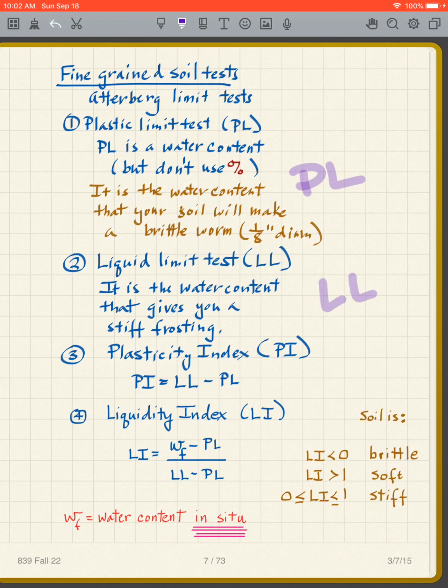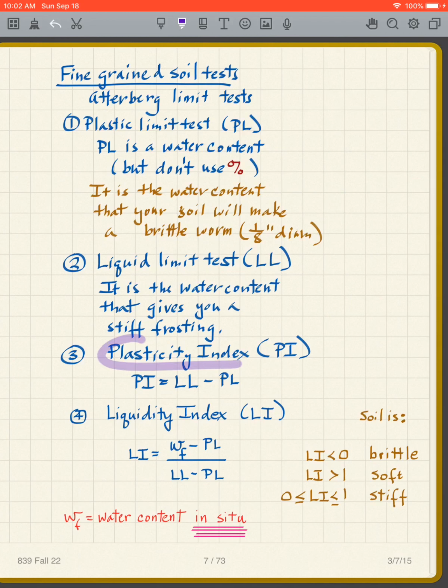Same thing with the liquid limit. The Boston blue clay will have a different liquid limit than San Francisco Bay mud. And this is how we learn about the different types of soils, how they react to water, and it ends up being important in our foundation designs and construction that we do.